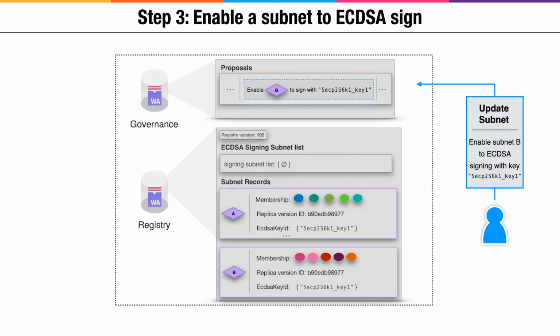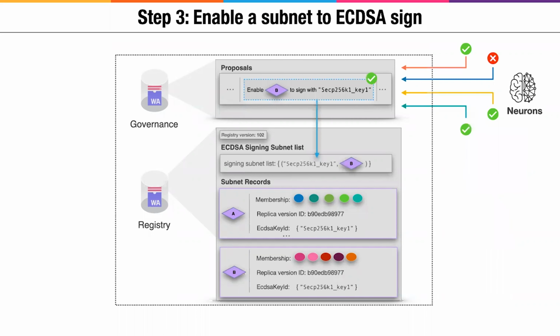Again, this is a process that is initiated by a proposal. And once again, this is part of the update subnet proposal. In this proposal, you can specify essentially that you want to have a subnet be able to ECDSA sign, so to be enabled to sign with respect to a specific key identifier. As usual, this gets voted on, and if approved, upon execution of the proposal, the signing subnet list is updated, mapping the key identifier to a subnet.